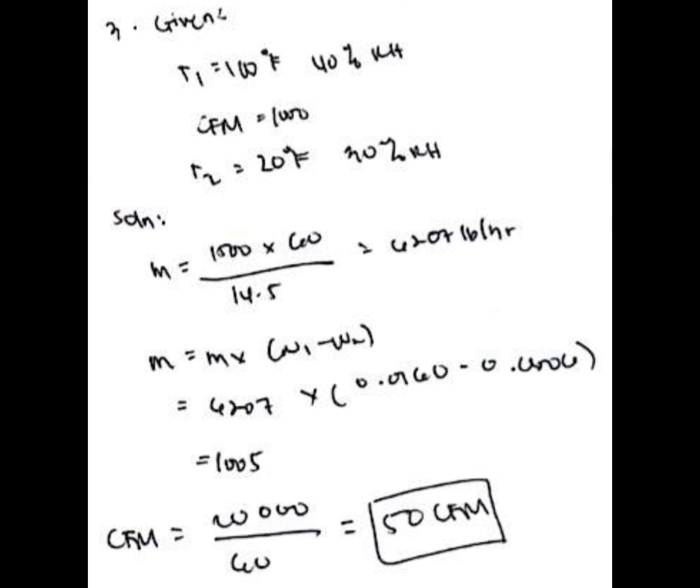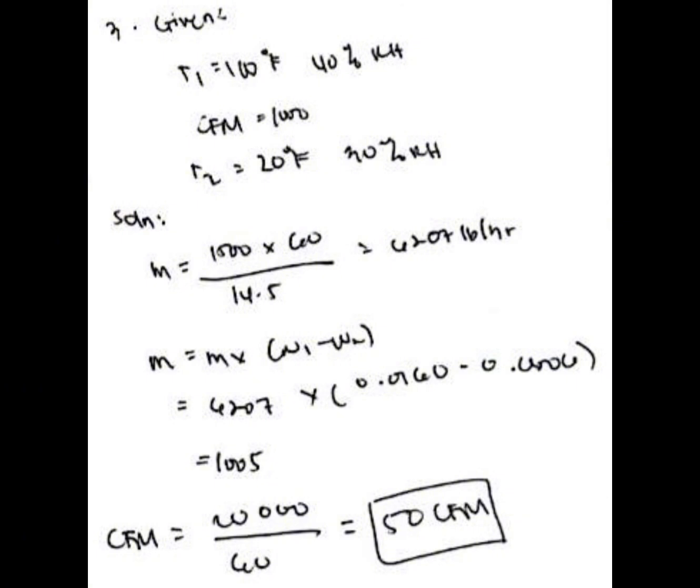Next is to get the mass, which is equal to m times w1 minus w2. So plug in the given: we have a mass of 6,207 times the delta w, which is w1 minus w2.